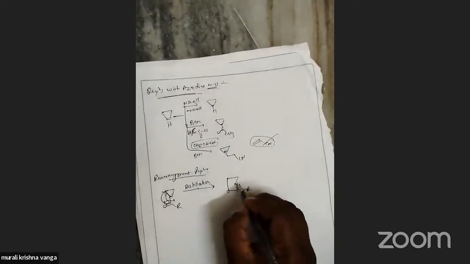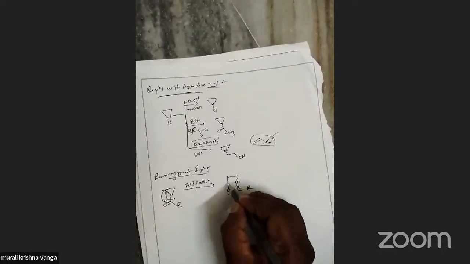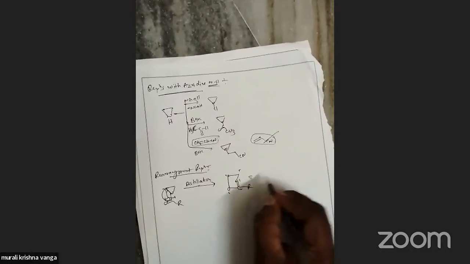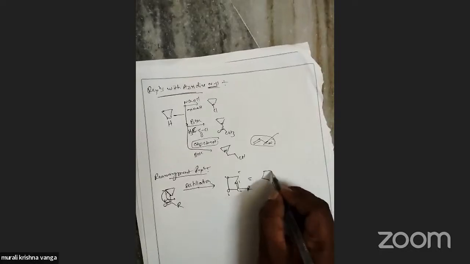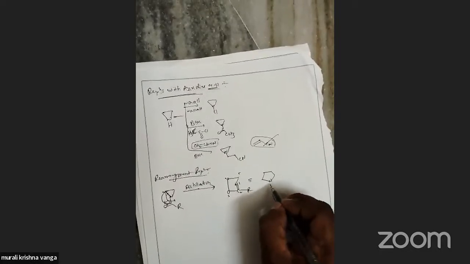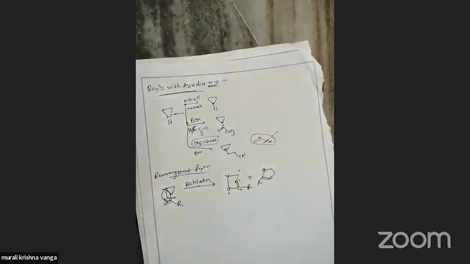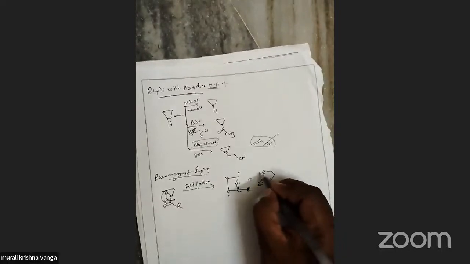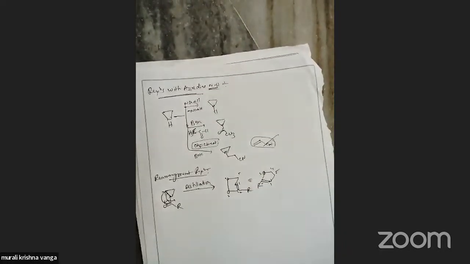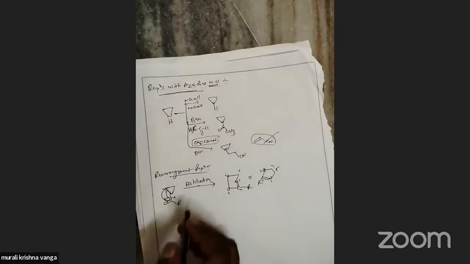The product is 1, 2, 3, 4, 5. I'm writing like this: nitrogen double bond R O. This is the product that forms. Next, acidity.